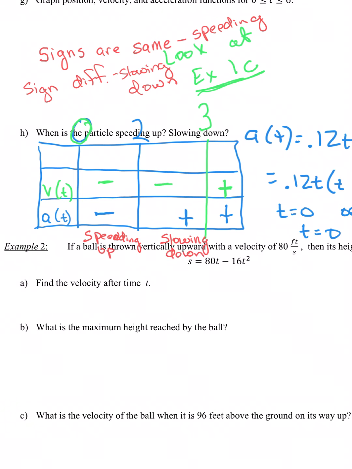But then between 3 to infinity, or yesterday we were saying we could just say 6 since we were looking at 6 for the problem, the signs are the same again. So that means from 3 to infinity, or 3 to 6, we have speeding up. Okay, so the part in green and the part in red we did not complete yesterday. So I hope that helps you just a little bit.